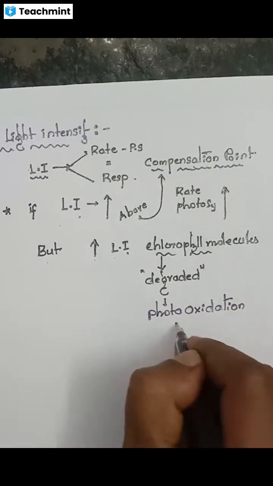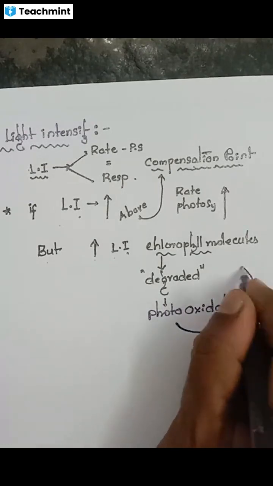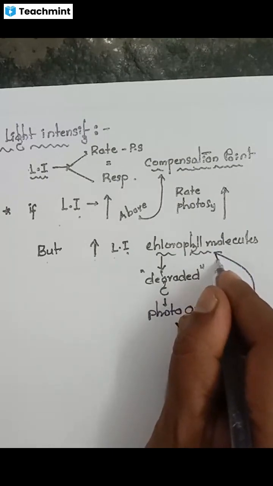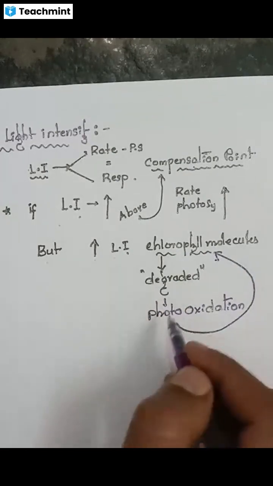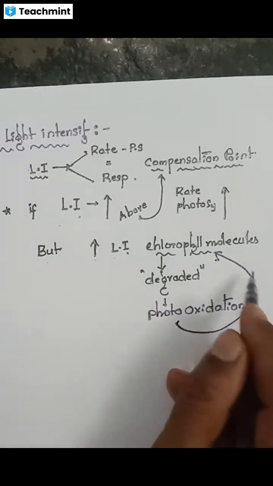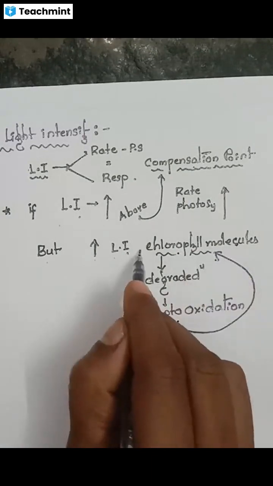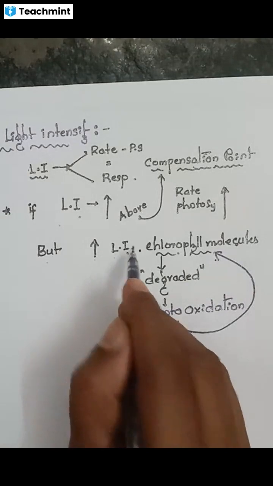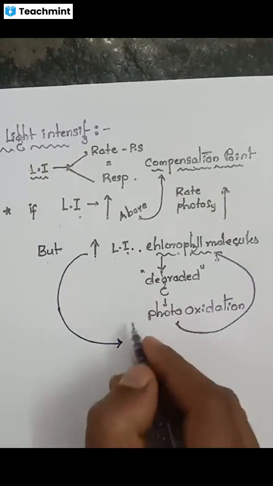The photooxidation of chlorophyll molecules under very high light intensity is known as solarization.